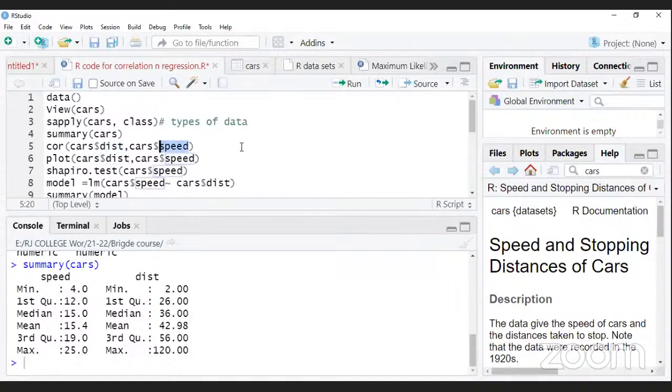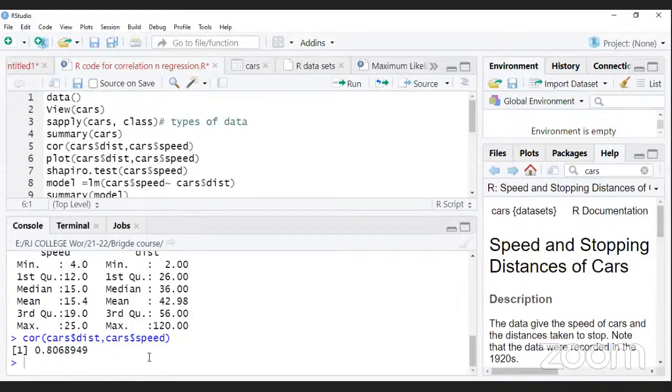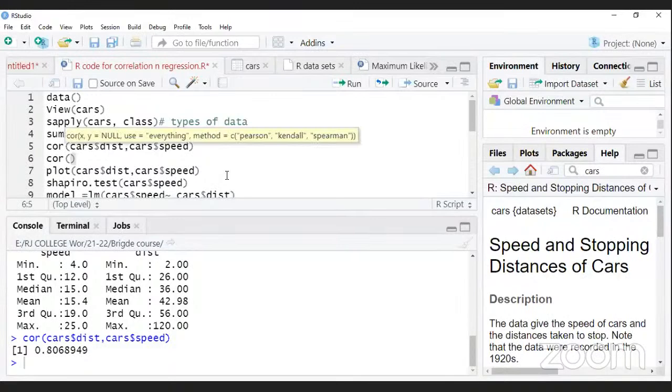Whenever you type any variable, always write the data set, dollar sign, your variable name. Similarly, we have cars and speed. Just find the correlation between these two, which is coming 0.8. It means there is a strong relationship between the stopping distance and the speed of cars.